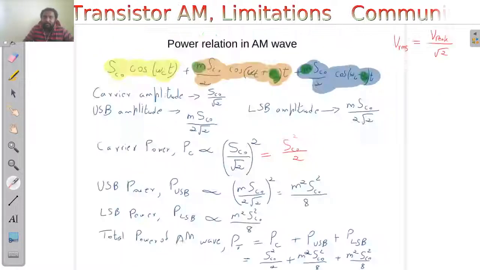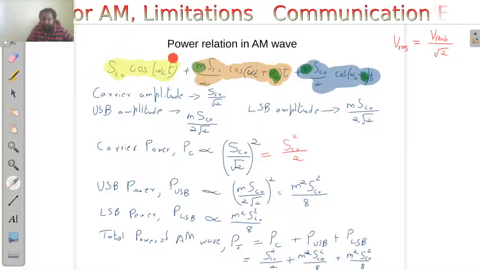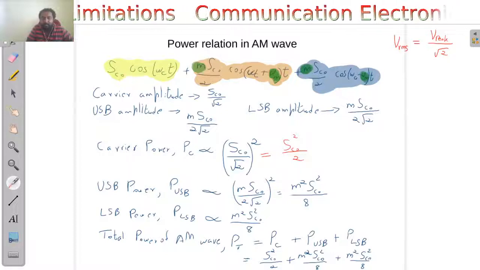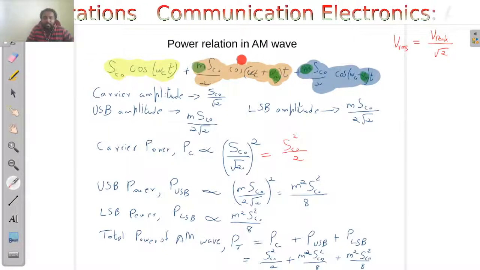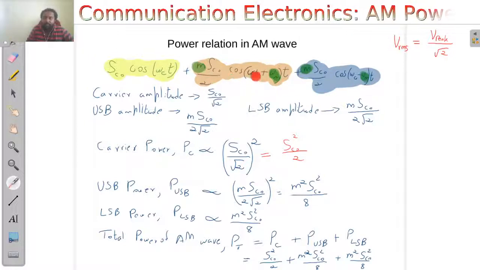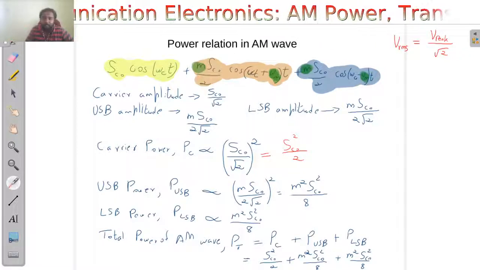So a majority of power is distributed inside the carrier, which doesn't convey any information, but only 1/3 is seen inside the sidebands, both sidebands together, if the modulation index is at its best possible value, that is 1.